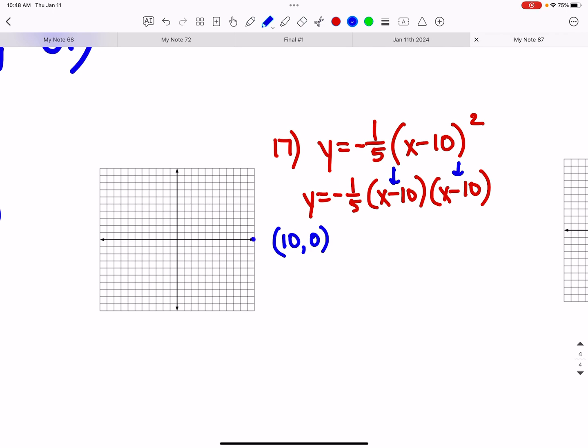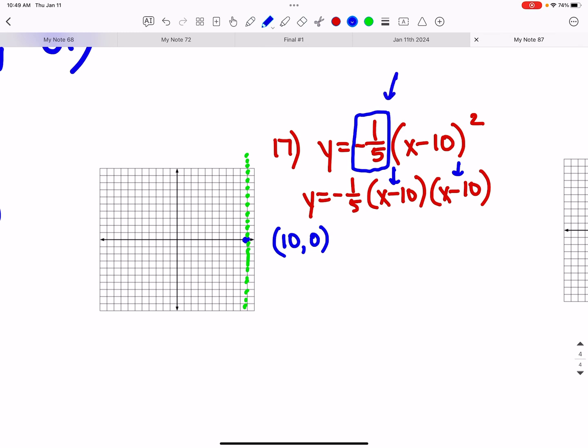10, is that right here? 1, 2, 3, 4, 5, 6, 7, 8, 9, 10. Oh, it's actually right there. Okay. 10 is the only number. When I only have one number, that means that is the middle. There isn't a second blue dot, which means that is the middle. Something else I see: we're going to make the whole thing negative, so it's going to turn upside down, and it's 1/5, so it's going to be kind of fat.